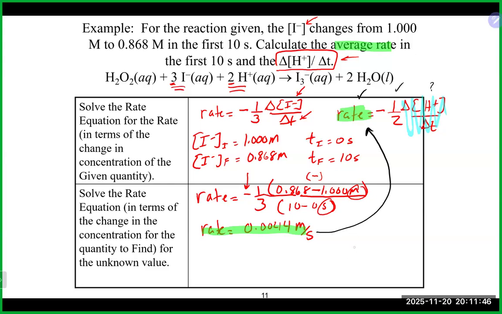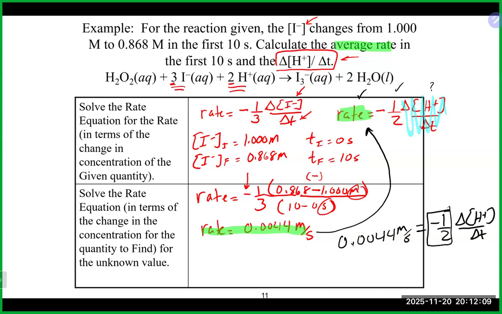That would give us here 0.0044 molar per second equals minus 1 over 2 times the change in the concentration of H plus over the change in time. We're going to move this to the other side, which means we're going to multiply by 2.